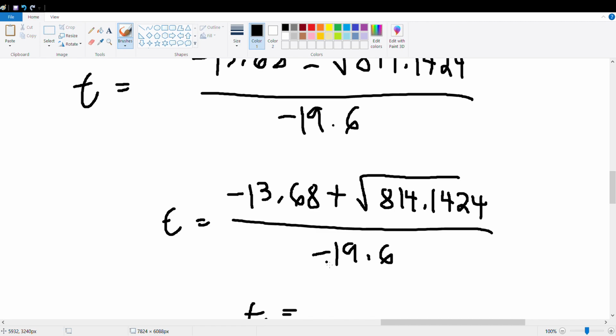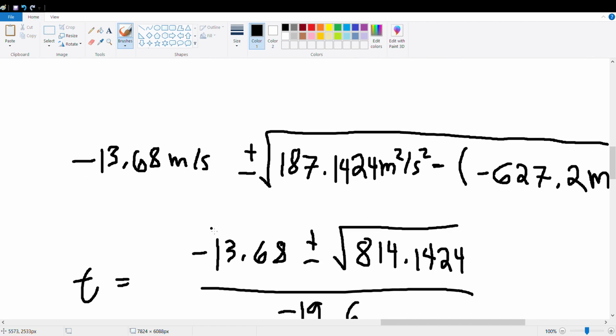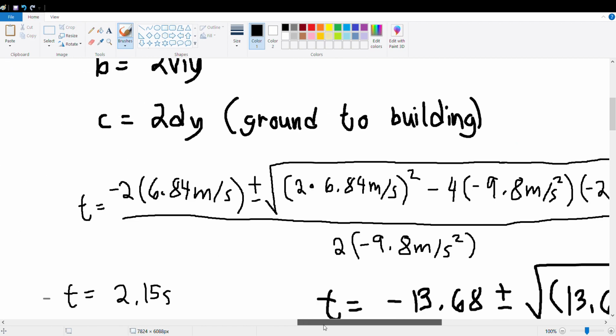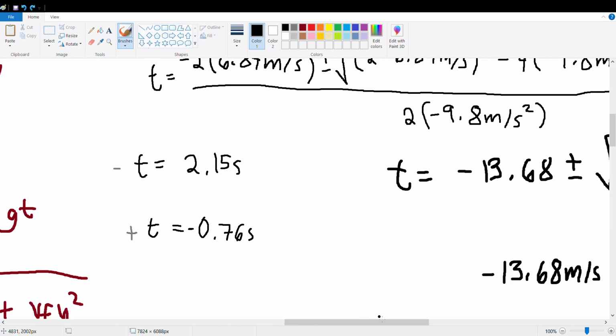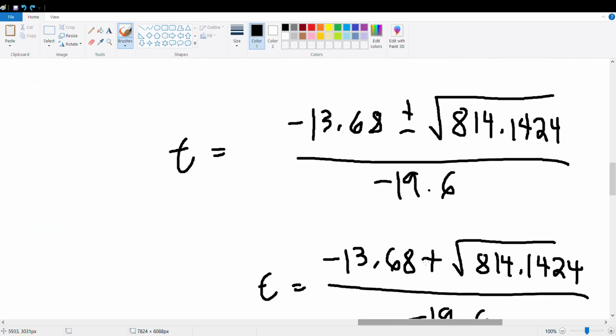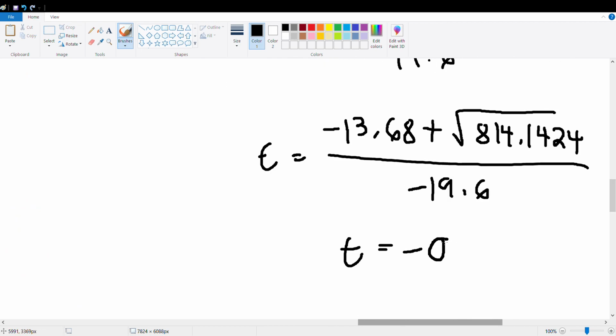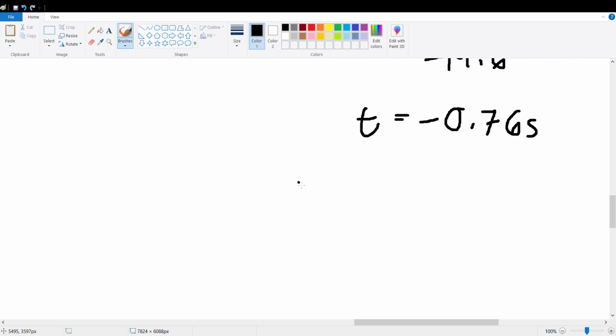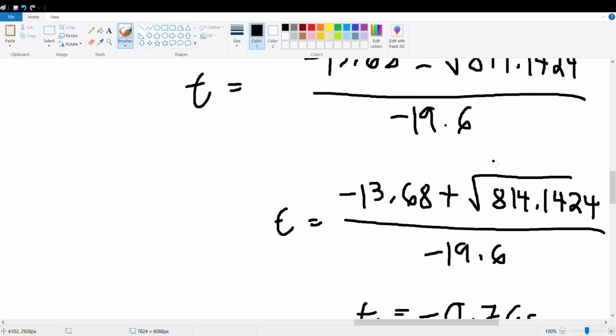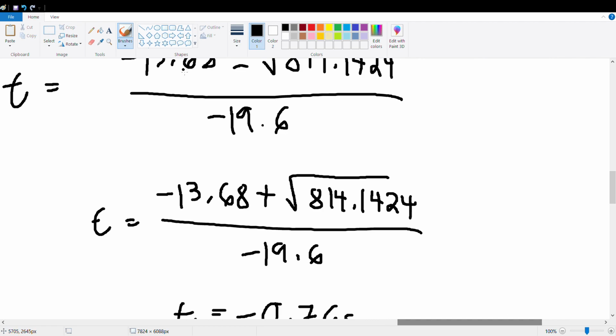Hold on. Negative 0.75 or 76, which as you can see that's what we got. So negative 0.76 seconds. And then for the other time, we are going to use this again, but instead we use the negative value.